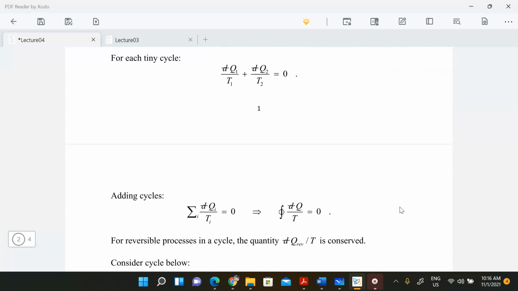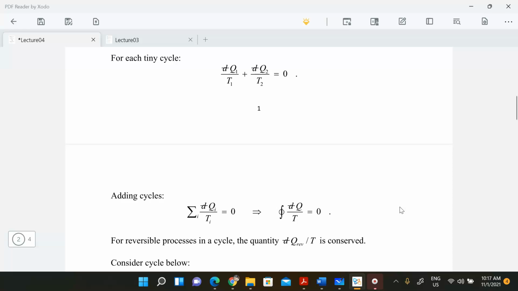So you can sum that up. As I mentioned, the common adiabatic processes will cancel off each other. Since each cycle behaves in this manner, summing up all the tiny cycles will also give you 0.